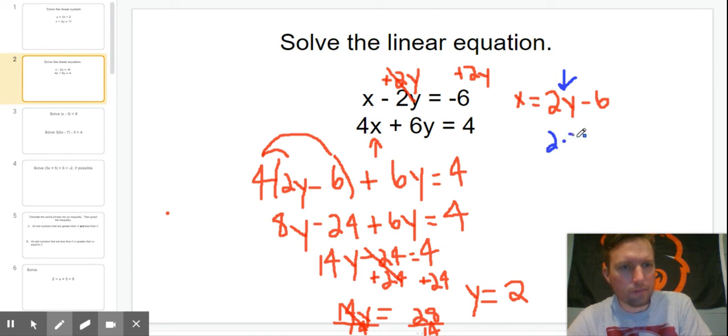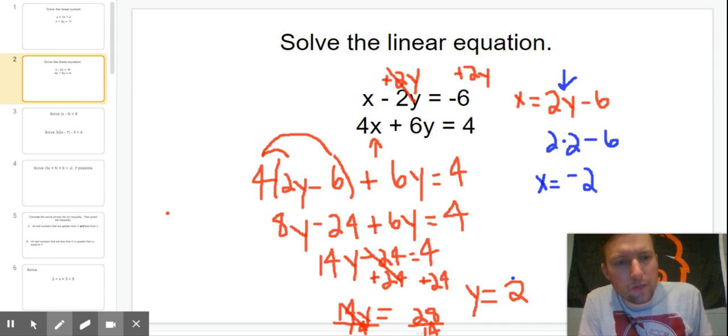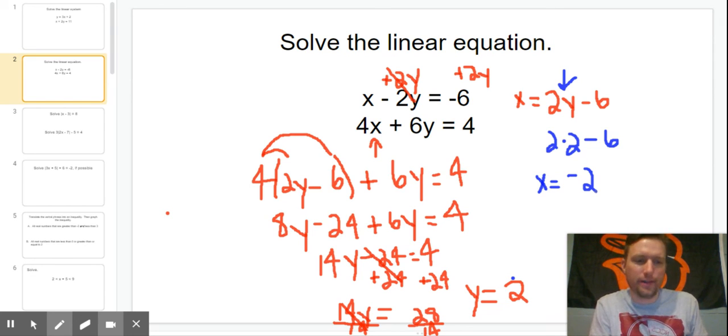My 2 came right down from my value of y. 2 times 2 is 4. 4 minus 6 gives me x has a value of negative 2. How about that? So y equals 2, x equals negative 2. Congratulations, you just solved this system of equations.